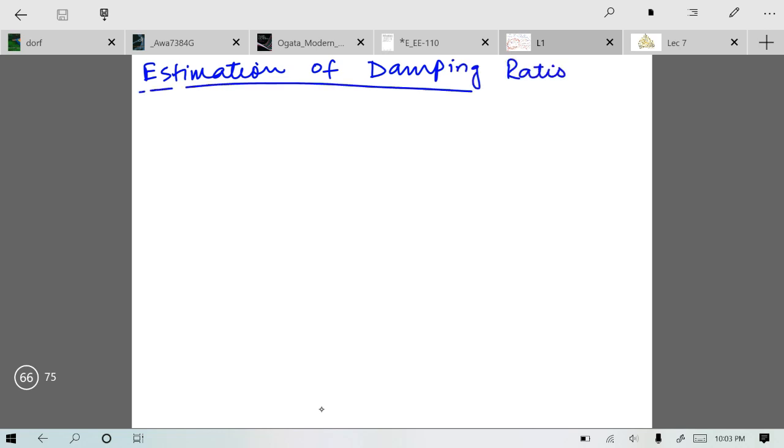So another, the last thing of our lecture today, is estimation of the damping ratio. Up till now, we only know how to find the damping ratio.